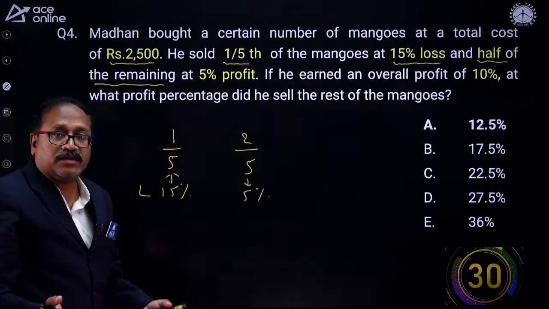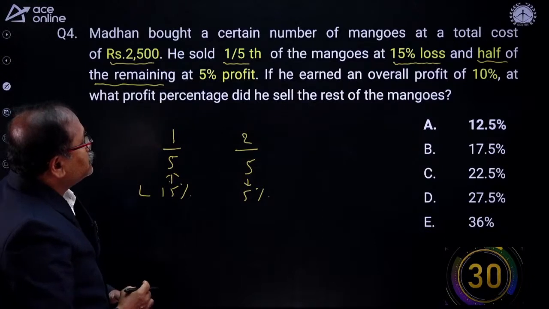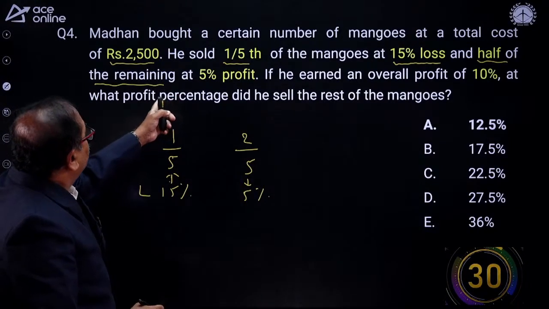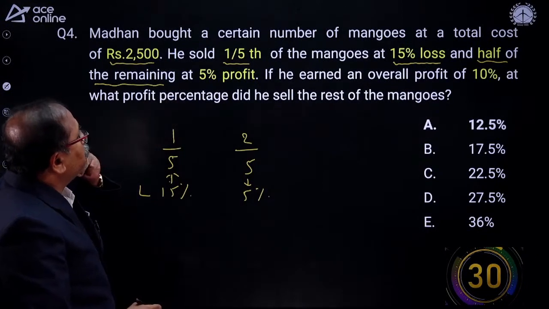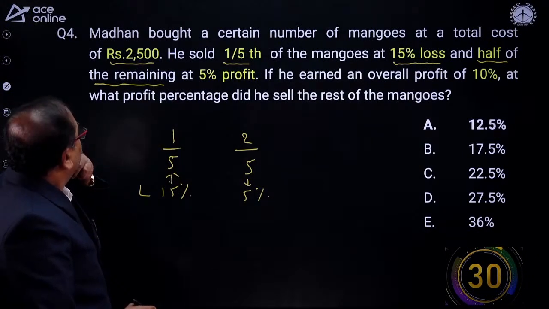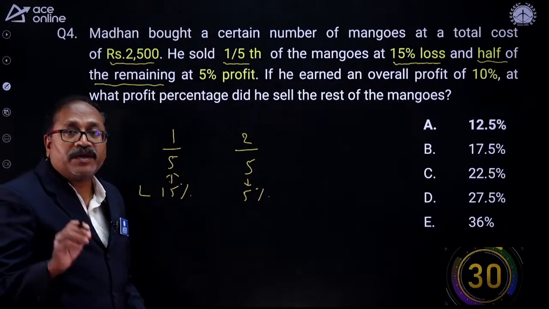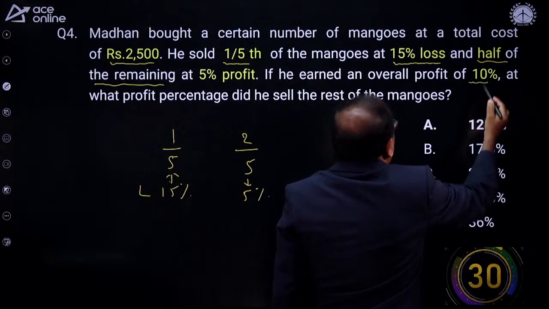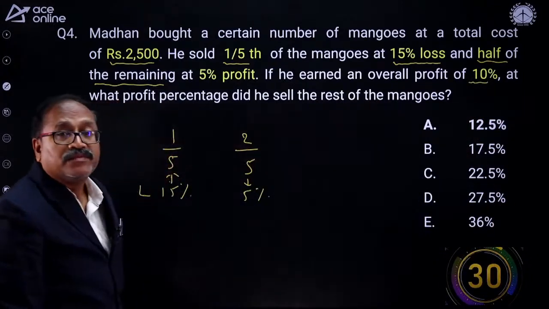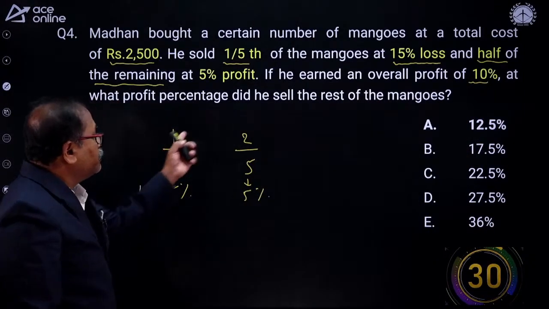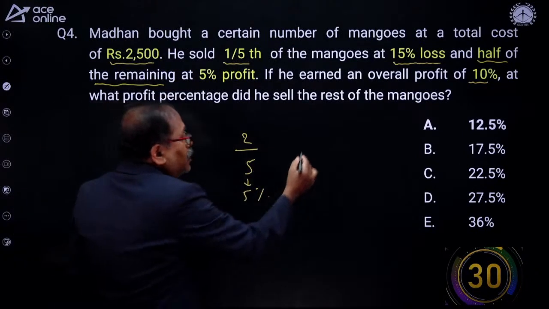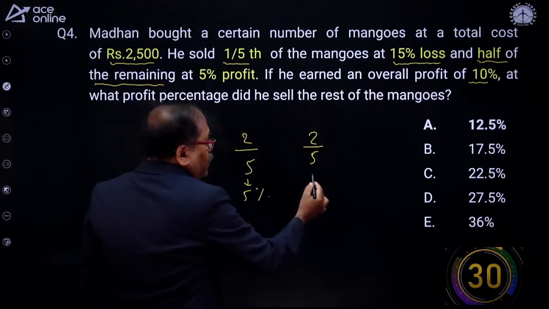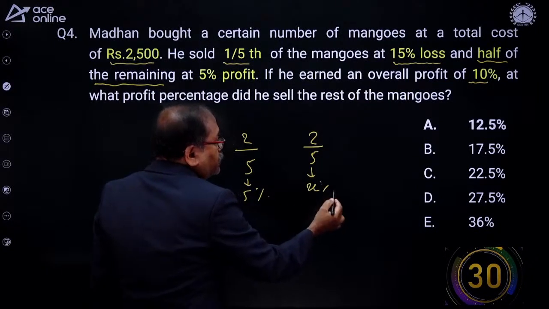That's what the question given here, and he says that half of the remaining at 5% profit, and he overall makes a profit of 10% overall. That means what about the remaining 2/5? I don't know how much is the profit or loss in the remaining 2/5. I will consider that this is X%.